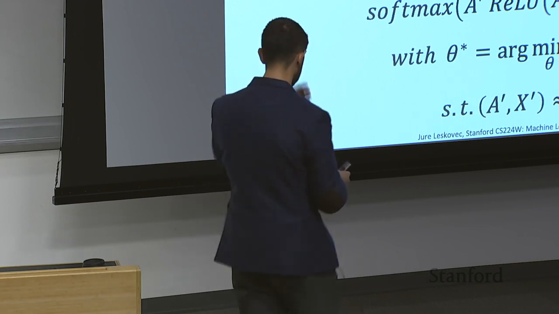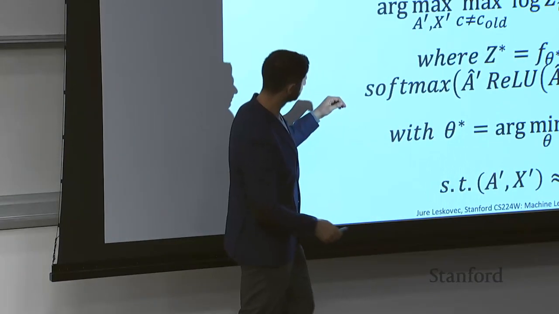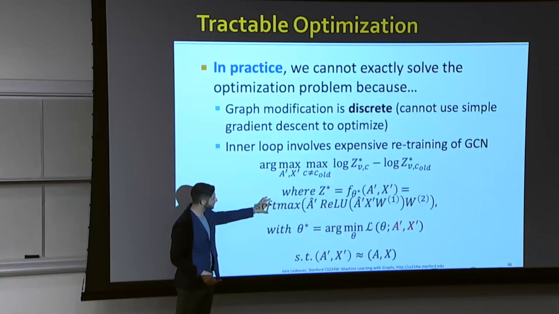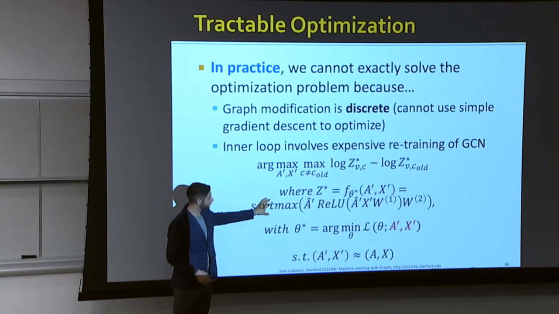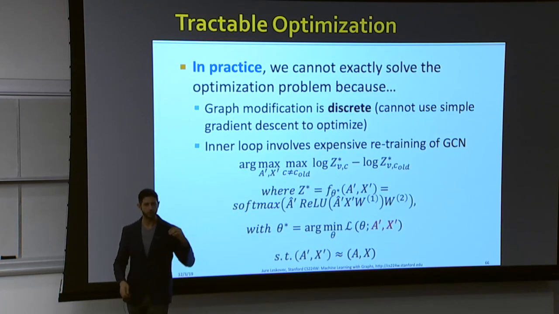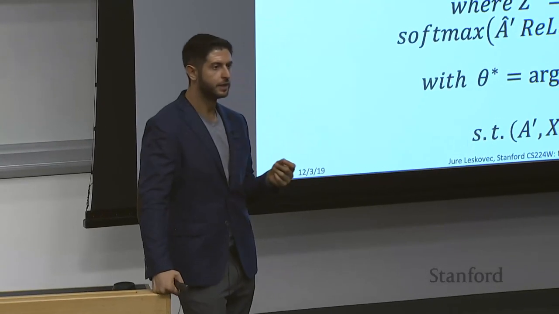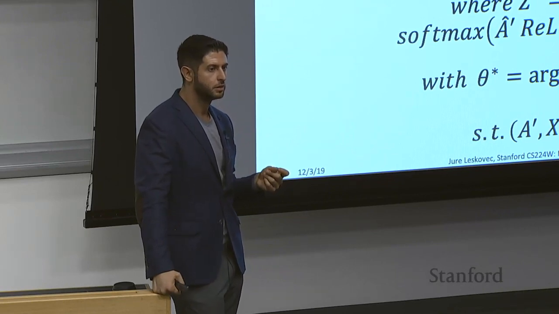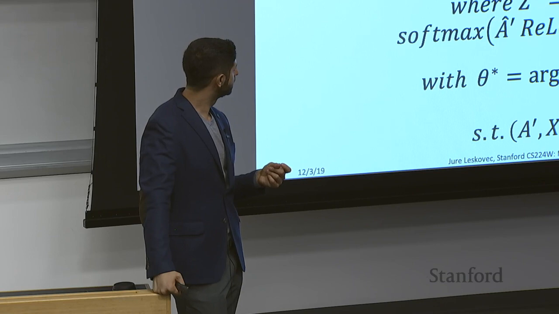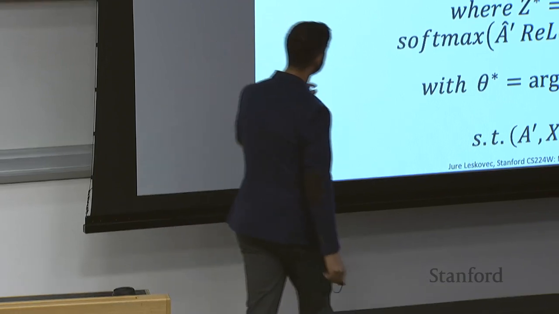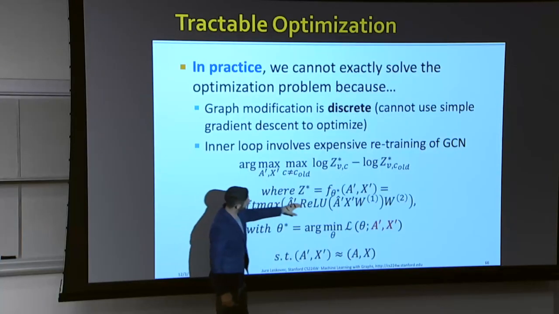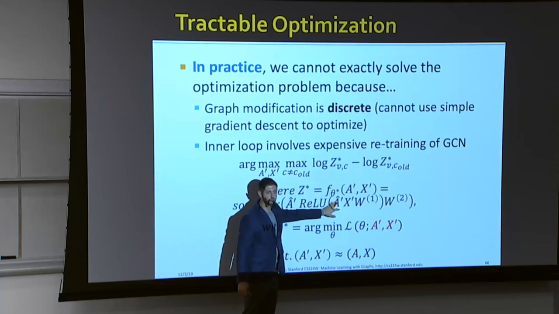Yeah, so let me see if I understood the question. You're asking if we change the training model, why do we need to retrain it again? Shouldn't we have this expression over theta, which is trained over A and X? No, the idea is that we're changing the adjacency matrix of the graph, right?